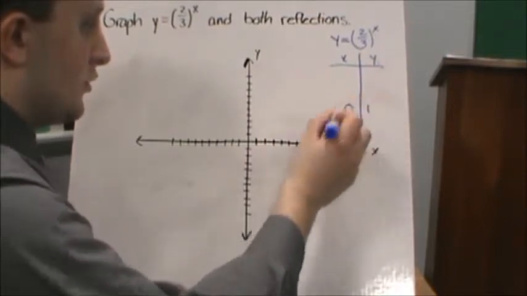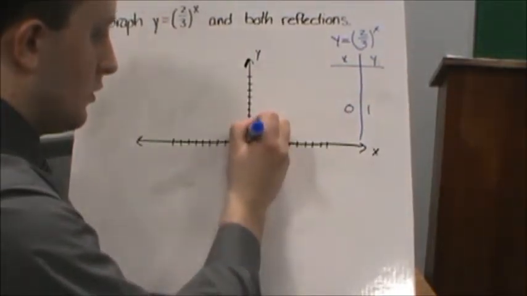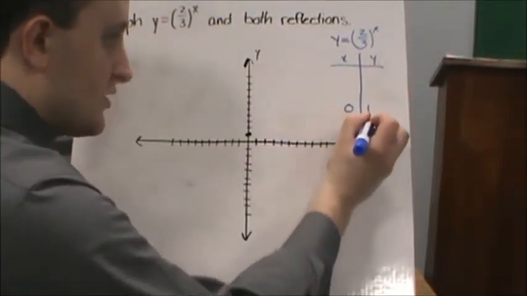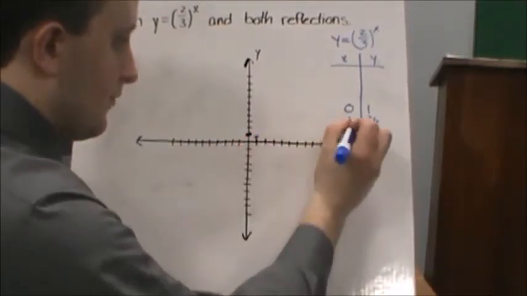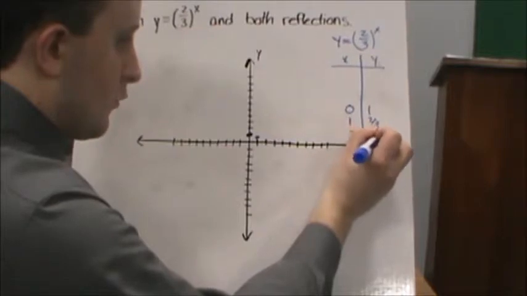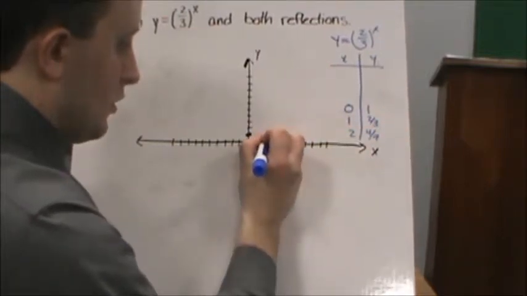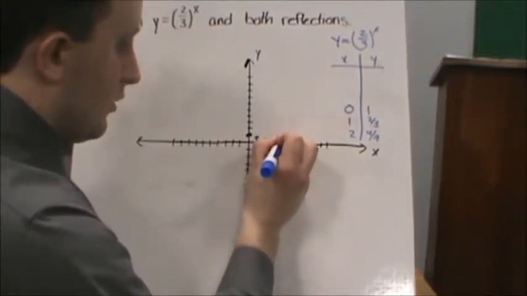Obviously, when x is 0, we're just going to have 1. When x is 1, we're just going to get 2/3. For 2, we're going to get 4/9. We're just going to keep decaying.